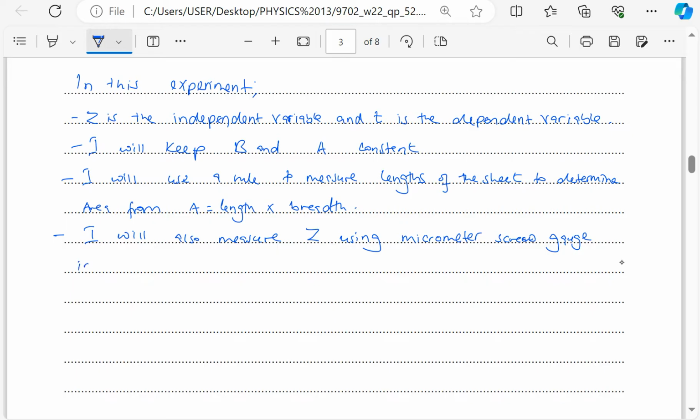But of course, this is going to be at different points, in different positions of the sheet, and obtain the average value of Z.